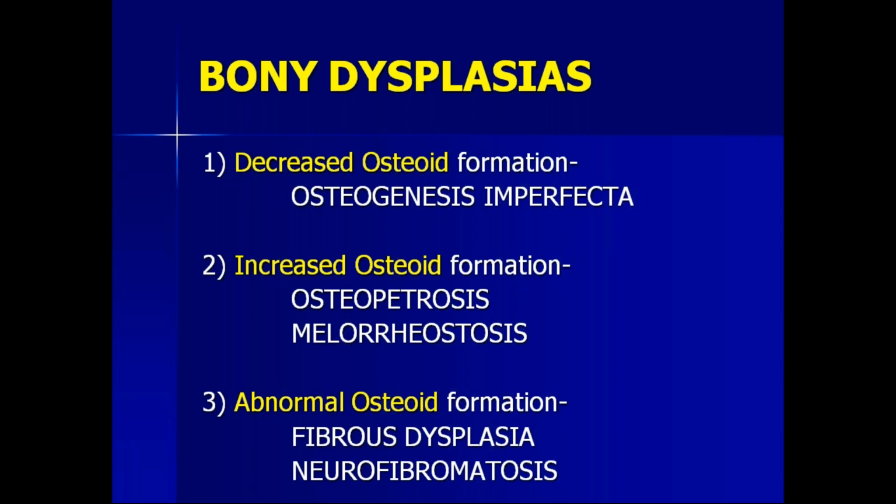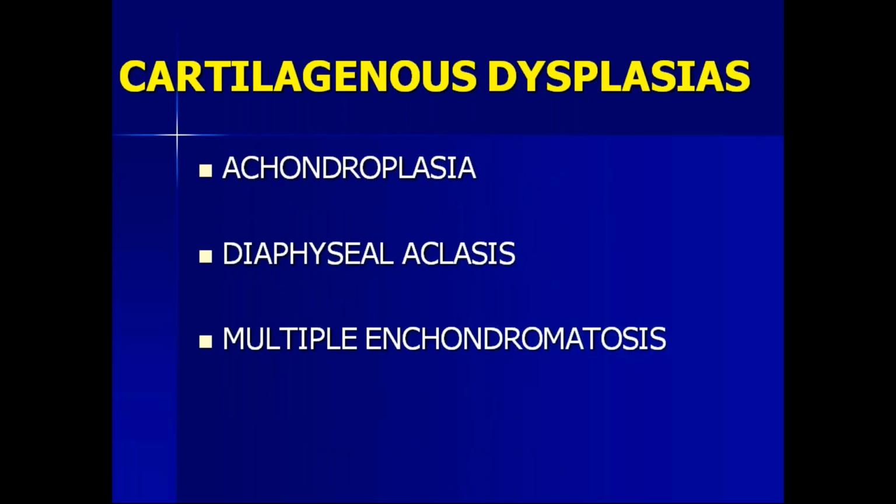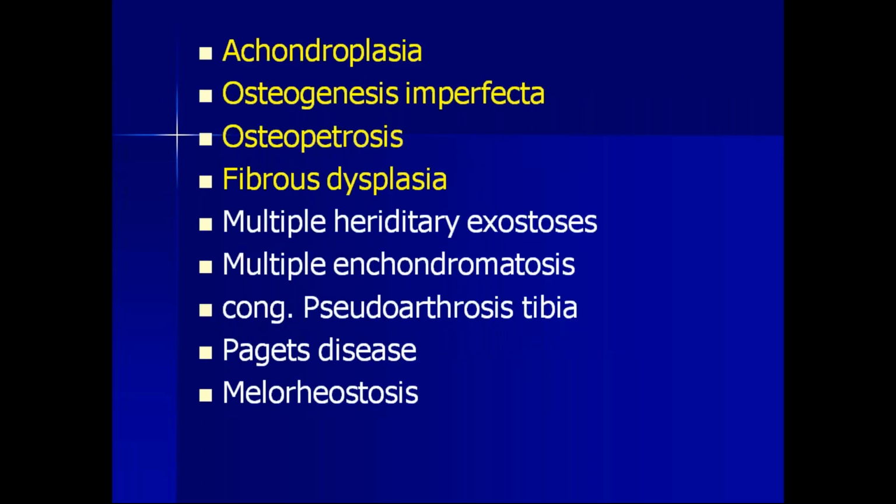Abnormal osteoid formation is fibrous dysplasia, which we have discussed. Cartilaginous dysplasias are achondroplasia, diaphyseal aclasis, and multiple enchondromatosis. So we have covered achondroplasia, osteogenesis imperfecta, osteopetrosis, fibrous dysplasia.